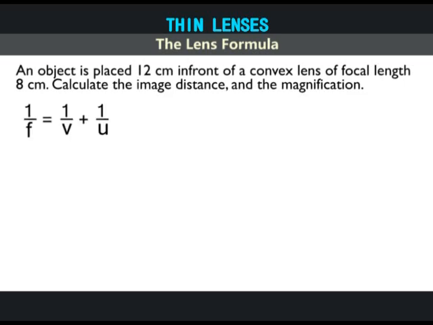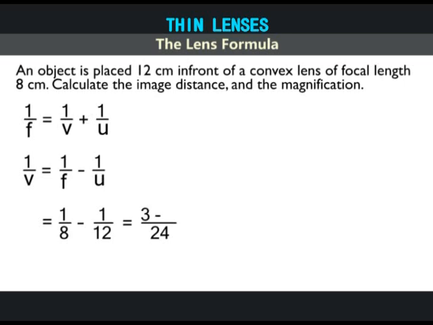We know 1 over F is equal to 1 over V plus 1 over U, meaning 1 over V is equal to 1 over F minus 1 over U. That will be 1 over 8 minus 1 over 12. The LCM of 8 and 12 is 24. 24 divided by 8 is 3, times 1 is 3, minus 24 divided by 12 is 2, times 1 is 2.